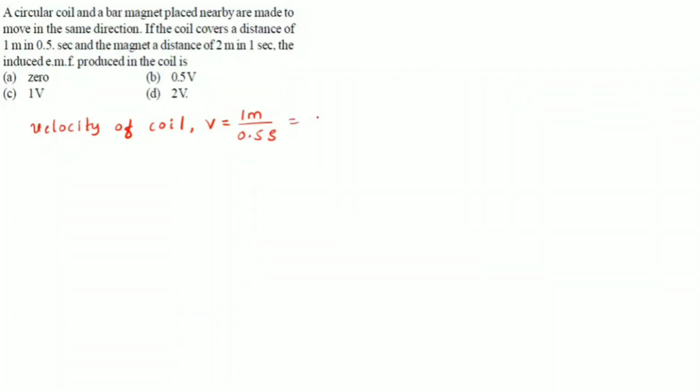So that gives 2 meter per second. This is velocity of the coil. Similarly, velocity of magnet is given by, it covers 2 meter in 1 second. So its velocity is again 2 meter per second.